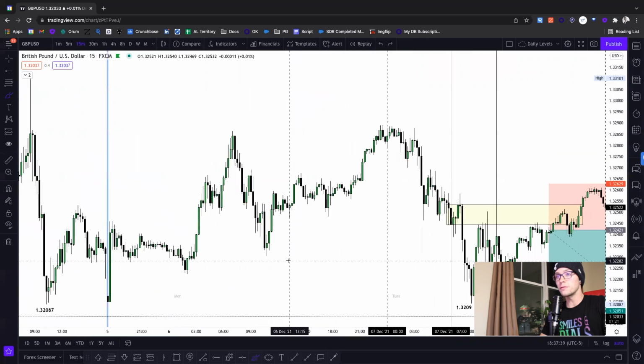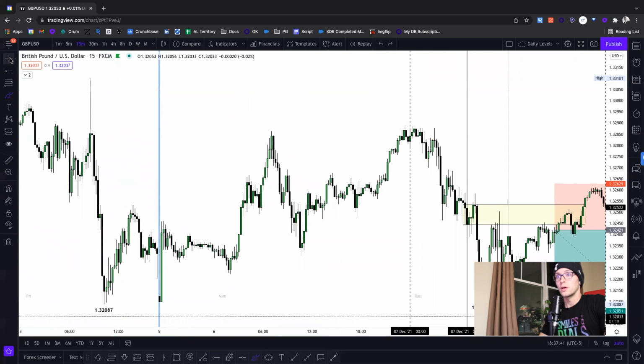But neat enough, when you have a lot of hindsight working in your favor and you understand how the markets and the algorithms work, you would clearly have known that we didn't break this low here. We only played to 1.32090. This low went 0.3 or 3 pipettes, excuse me, lower. So there was still sell side liquidity here, which was our target for the trade.